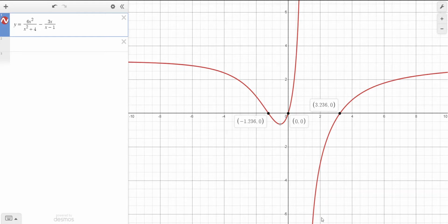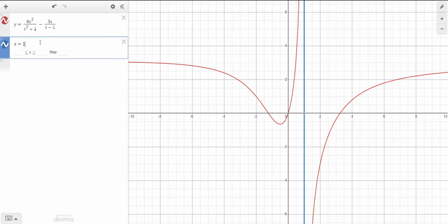We have to think about where that asymptote would be. If I go back to my function, notice that at x equals 1, that denominator would be 0. I'm going to go ahead and put x equals 1 in as a dotted line to show that it's an asymptote. And so what I can now see is that the graph becomes negative again right after that vertical asymptote.